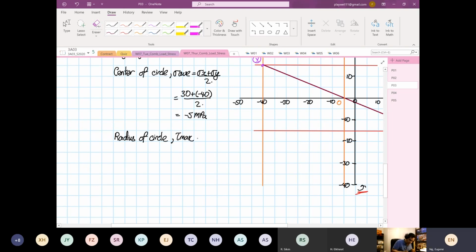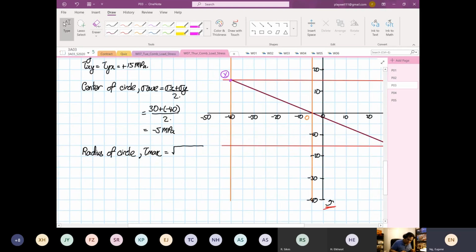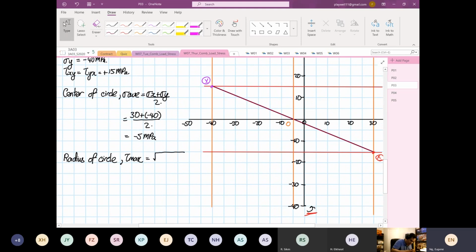So this value over here, from here to here, this distance is equal to 15, right? And then the distance from here to here, 10, 20, 30, 35, yes or no? It's not equal to 40 because we are taking from the center of the circle.